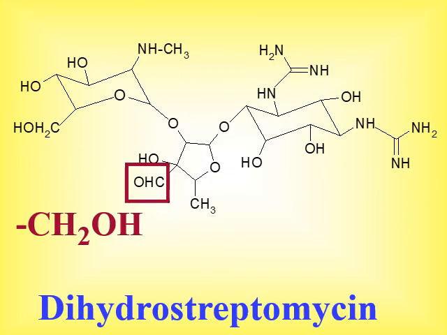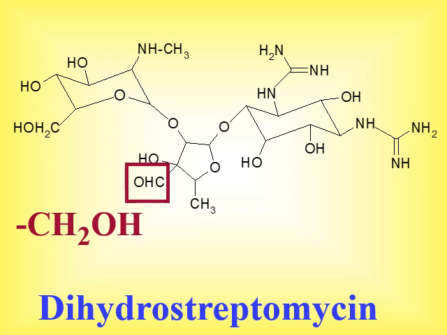Here is the other one, dihydrostreptomycin. From the name dihydro, therefore we add 2 hydrogen atoms. It is a semi-synthetic derivative from streptomycin, so it is similar in activity but with delayed deafness, less side effects.